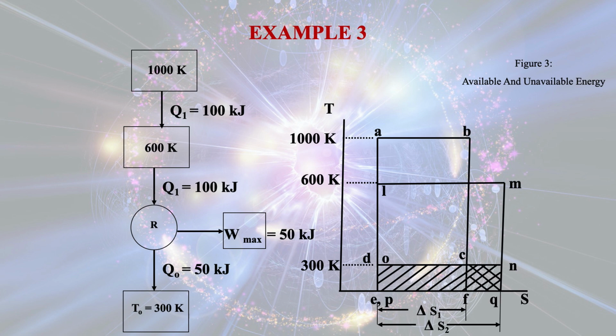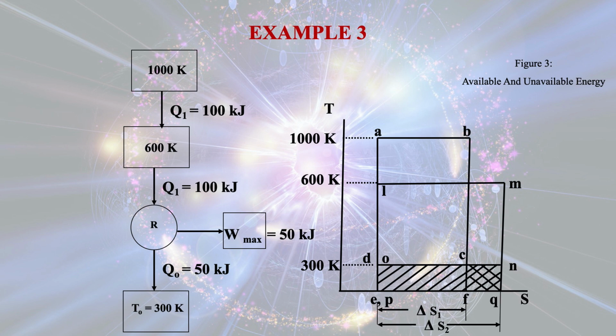Now in this diagram you see that initially the heat Q1, 100 kilojoule, is from the high temperature reservoir whose temperature was 1000 Kelvin. Now it is supplied to the low temperature reservoir, that is 600 Kelvin.